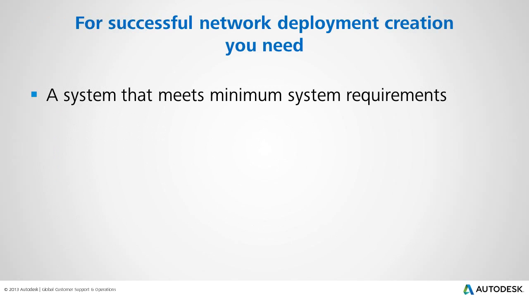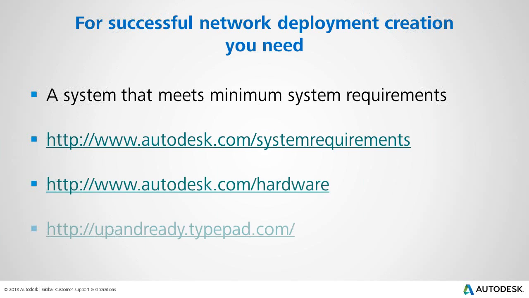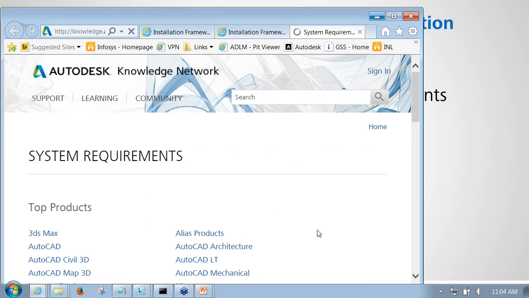Again, to start deployment creation, what do we need? We need a system which meets at least the minimum system requirements for a given product. On the Autodesk website, we do have resources available for you, such as autodesk.com/system requirements. If you click on this link, it's going to take you to the Autodesk website.